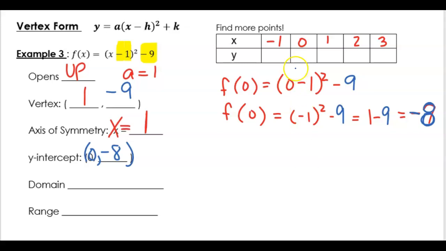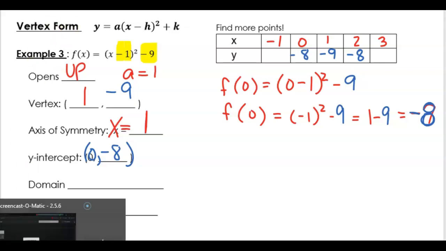And this one is 0, -8, and this one is 1, -9. And because of symmetry, if this is -8, this one's -8. So it makes your table smarter, easier to figure out if you use symmetry.